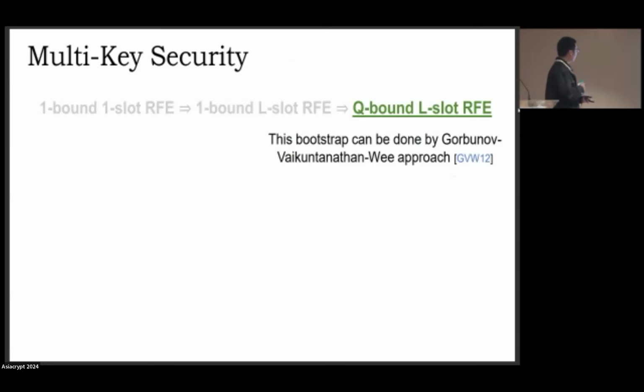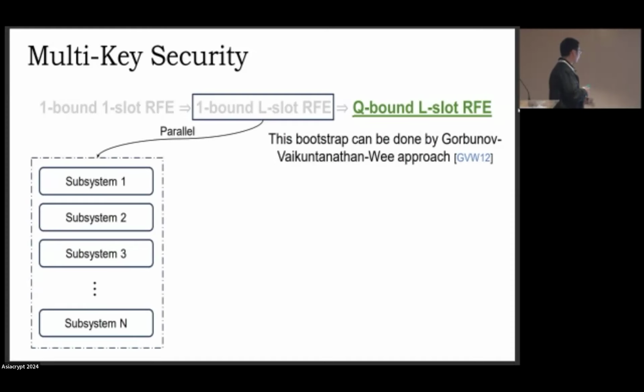So at the third step, we want to upgrade one-bound security to multi-key security. This bootstrap can be done by the approach of Gorbunov, Vaikuntanathan and Wee. More precisely, we can set up several one-bound L-slot RFE instances in parallel.